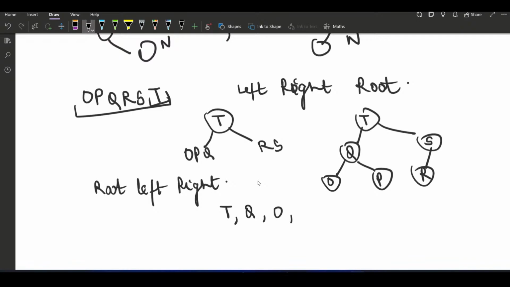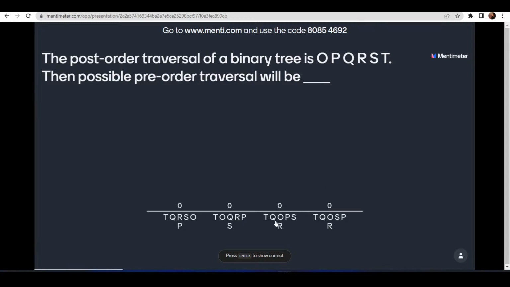Then since there is no more node in the left or the right subtree, we'll be moving again to the root and then moving to the right subtree. So here P will be there. Now the left subtree is completed, so we'll be moving to the right subtree, and here again S will be there, then R will be there. So clearly our output will be TQOPSR. So let's see, here the third option, that is TQOPSR. So this is the correct answer. That's what we have to write here.